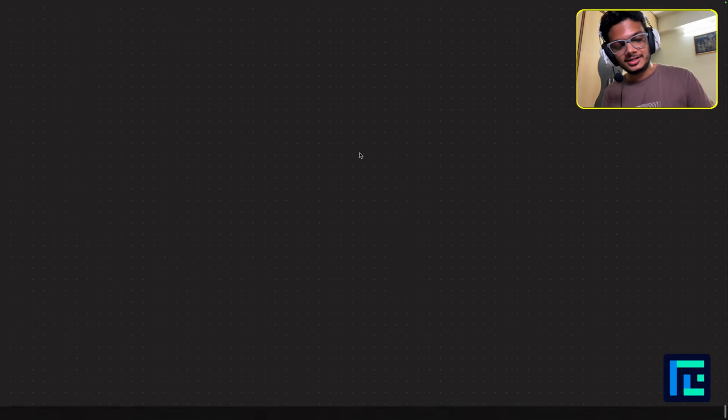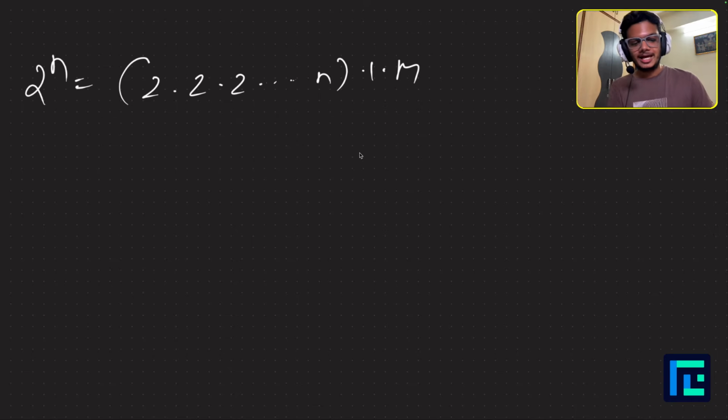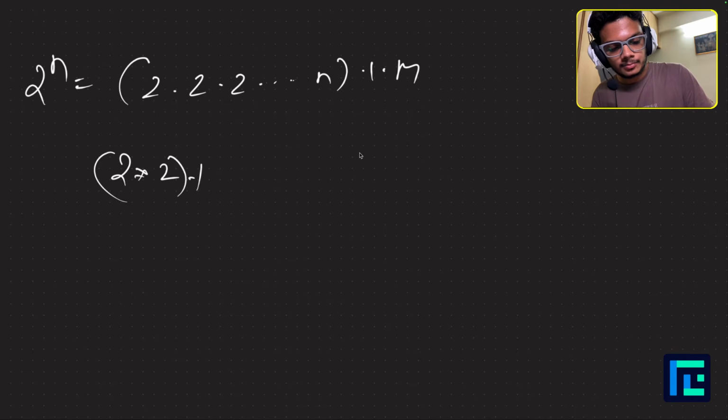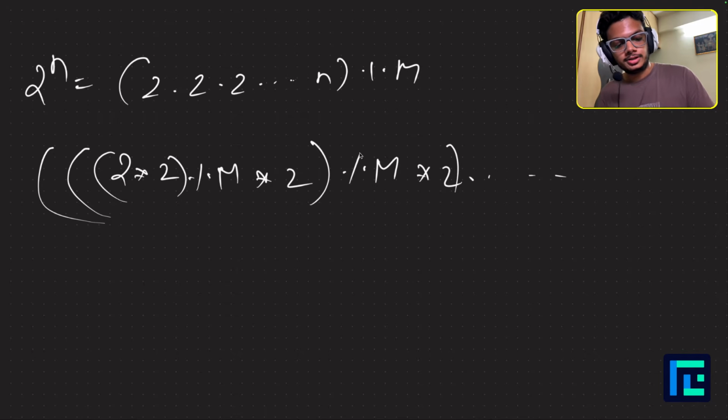So effectively, if you want to calculate 2 power n, which is 2 into 2 into 2 and so on, n times, mod m, this can be written as 2 into 2 mod m, into 2 mod m, into 2 mod m, and so on, with the final result taken mod m.